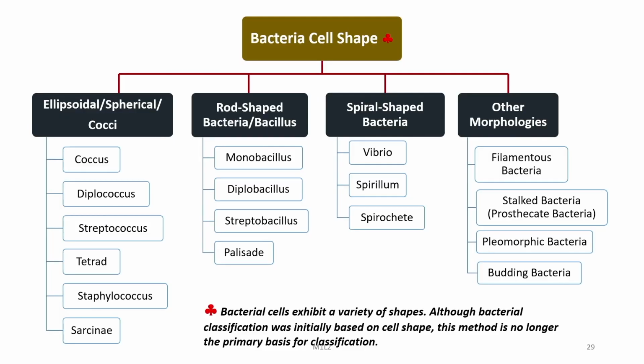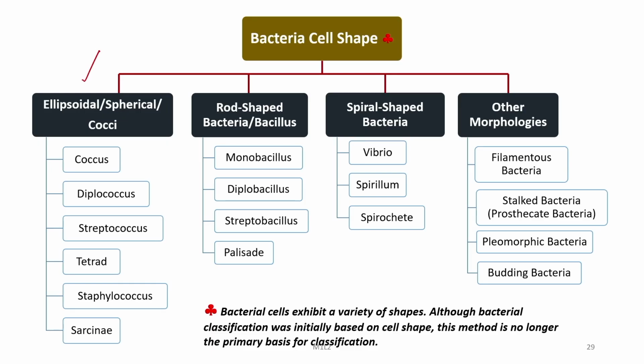Now, we can divide or classify bacteria based on their cell shape, because bacterial cells exhibit a variety of shapes. Although bacterial classification was initially based on cell shape, this method is no longer the primary basis of classification, but still these are used for many practical purposes even today. Based on their cell shape, the bacteria can be ellipsoidal, spherical or cocci-shaped.